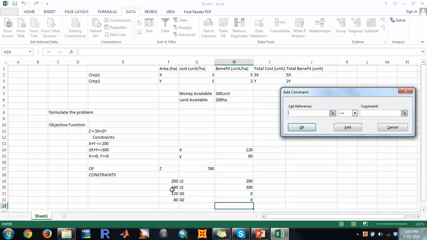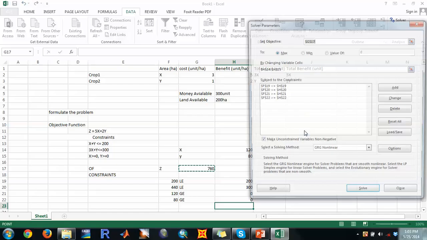And then the additional one is that 3x plus y should be less than or equal to 300, and then say Add again. Then the value of x should be greater than or equal to 0, and say Add. The value of y should be greater than or equal to 0, and once you have inputted all four constraints, say OK.